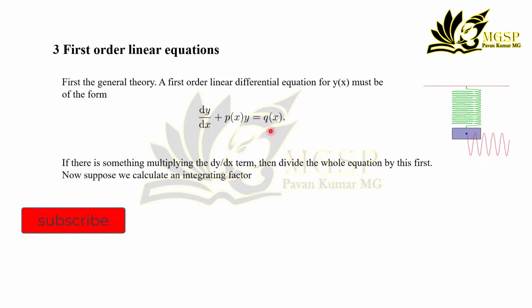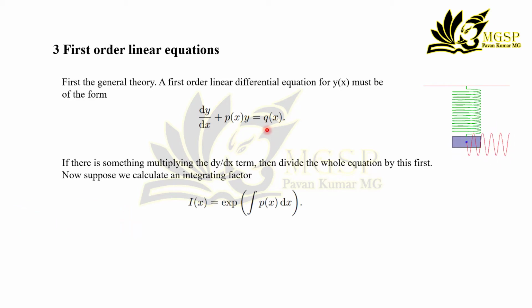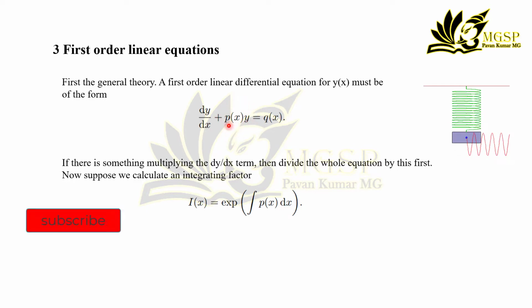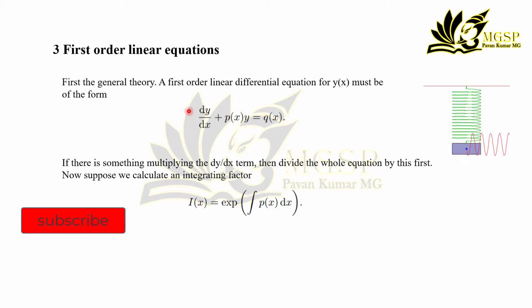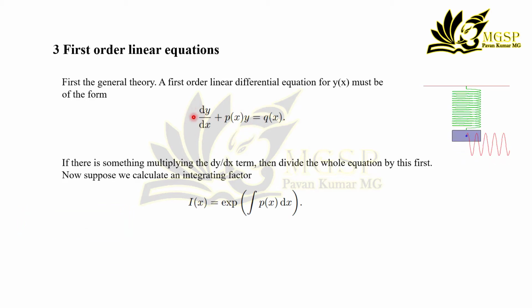Now, to solve this, we have to calculate the integrating factor, which is I of x is equal to exponential of integral p of x dx. This is the p of x that we get after dividing by the term present in the first term of the left hand side.